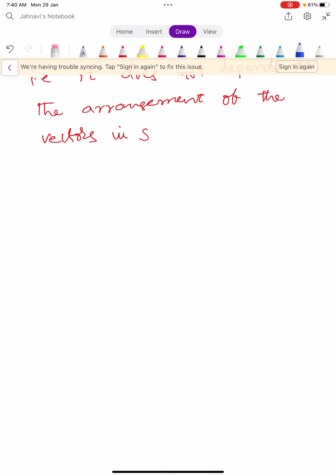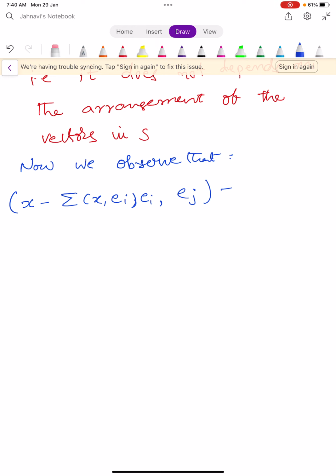Now we observe that the inner product of x minus summation inner product of x comma ei into ei, comma ej, is simply x minus s comma ej. Because this term is equivalent to s, it can be written as x comma ej minus s comma ej.